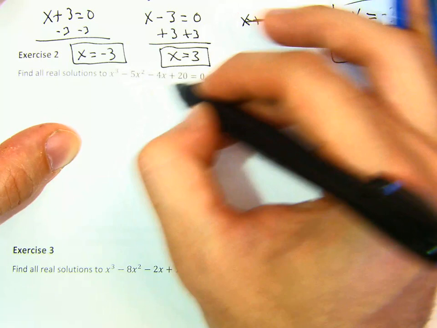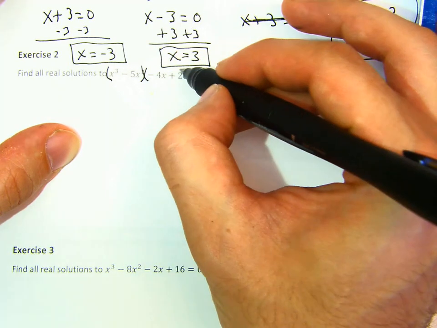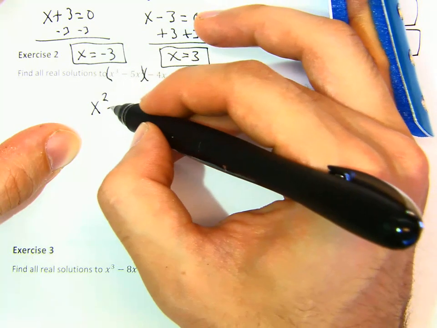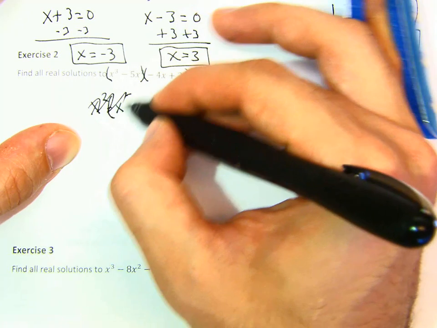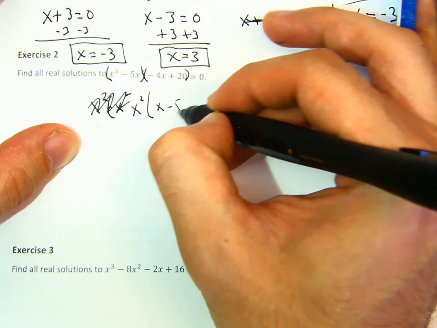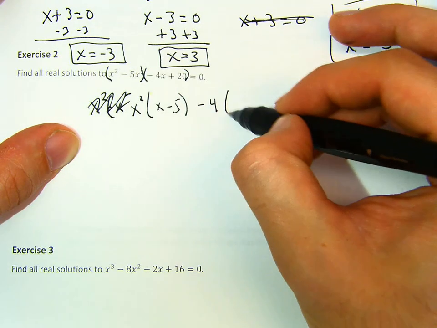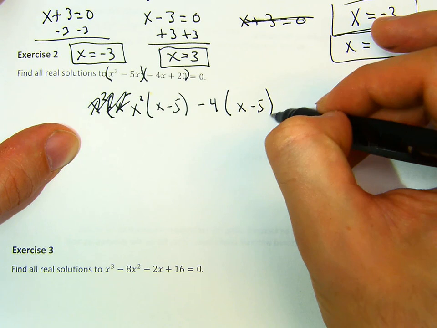If I have this, right, what do we do? Factor by grouping. Group, group, group, group. What's the GCF of this group? It's x squared. And then what happens, this will be x squared times x minus 5, right? And what's the GCF of this group? It's minus 4, and if I divide this by minus 4, I get x minus 5.